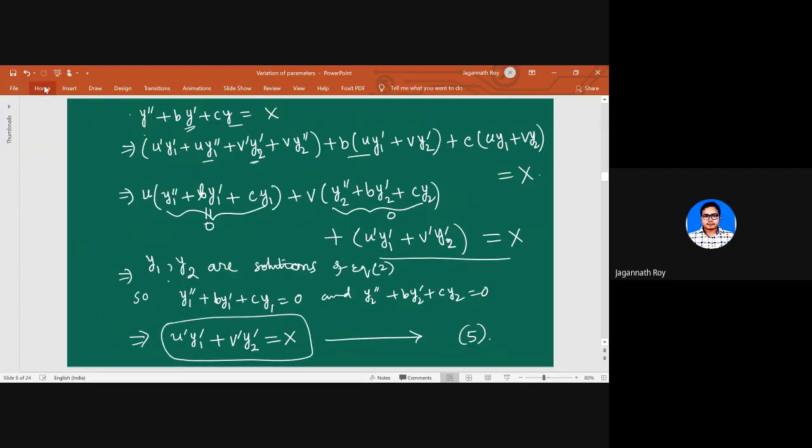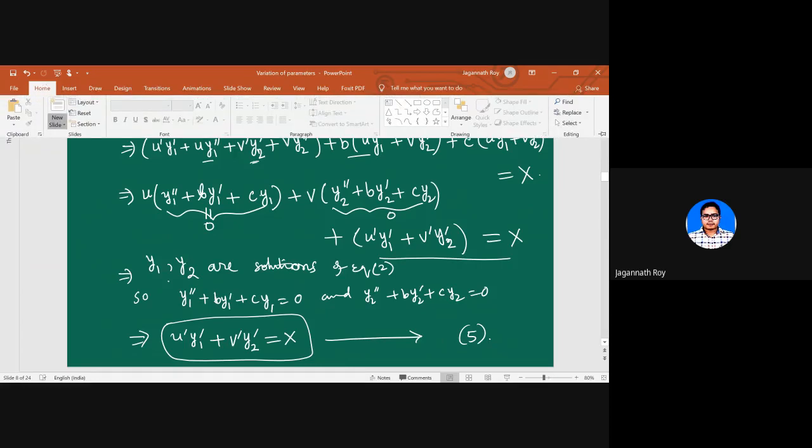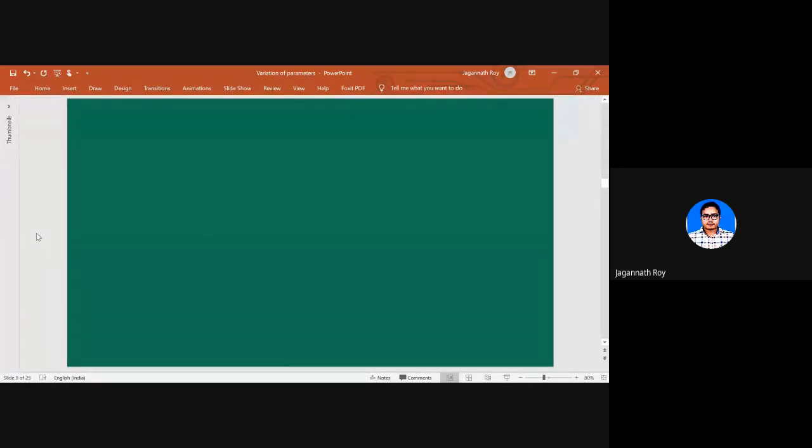We'll have a system of linear equations with two variables and two equations. So u' into y1 plus v' into y2 equals 0, this is equation 4. And here we are getting u' y1' plus v' y2' equals x. This is 5.